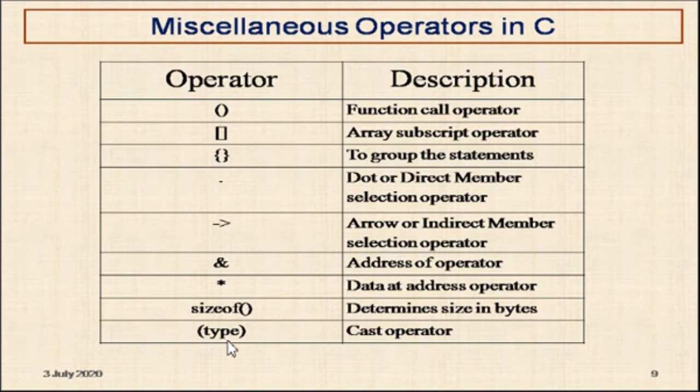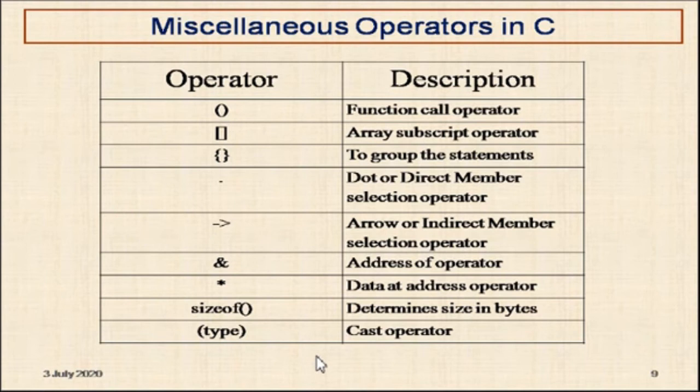Then the type operator, this is the cast operator. This will convert the data type from one to another. If you want to convert an integer to floating point or floating point to integer, we can go for this. For example, I have the floating point value 2.5 and I want to convert that into integer.